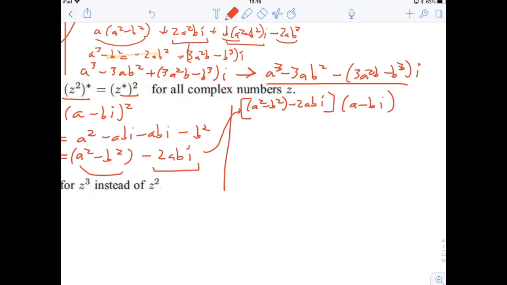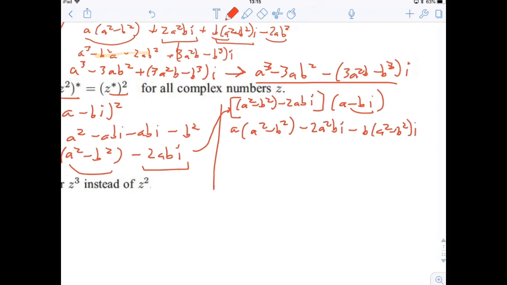Okay, so we'll have a times a squared minus b squared minus 2a squared bi. And then we're going to multiply everything times minus bi. So we'll have minus b times a squared minus b squared i.